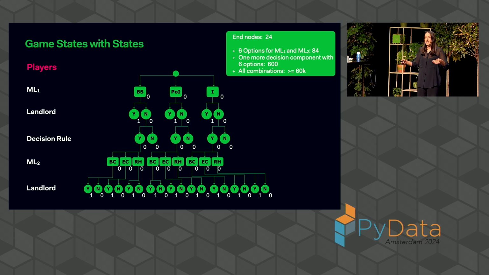Let's assume we're adding an additional machine learning model on top. So another sequential decision, also with 6 options. And we would already end up with over 600 end nodes. So specifically in decision trees where we increase the tree depth, the tree complexity grows approximately exponentially. So we're seeing, especially with adding new components, this tree grows quite fast.